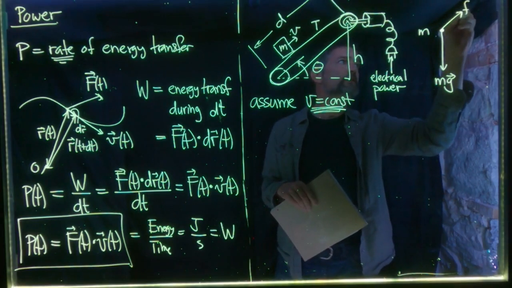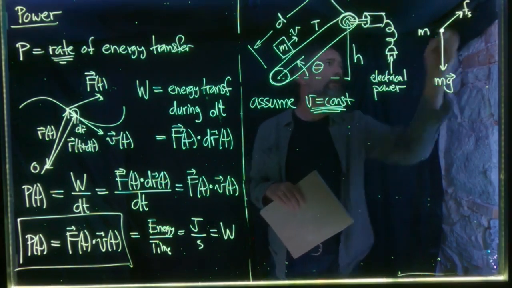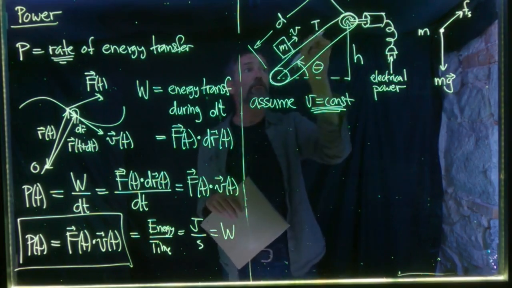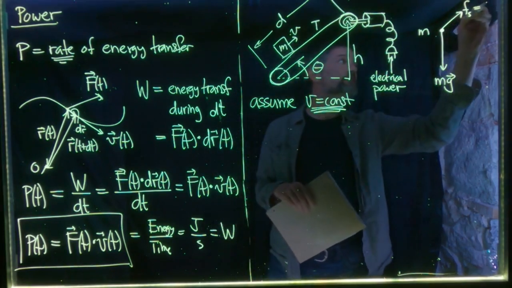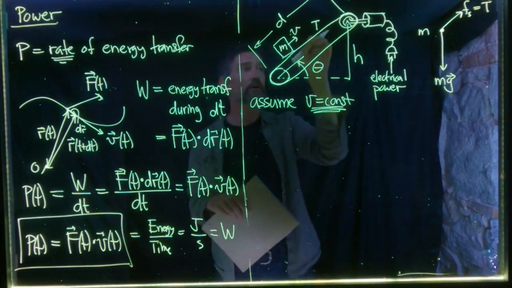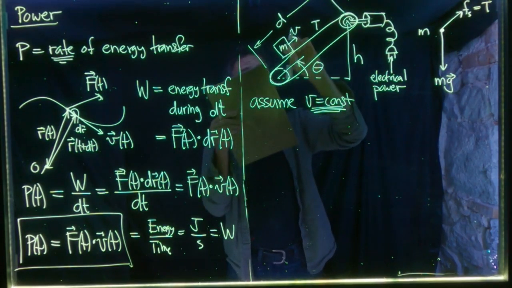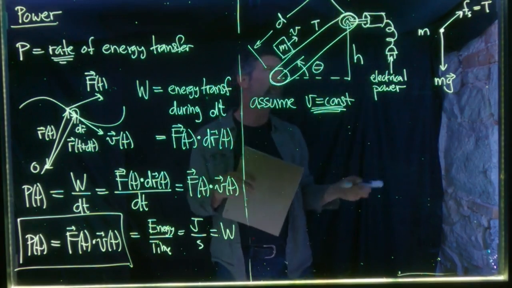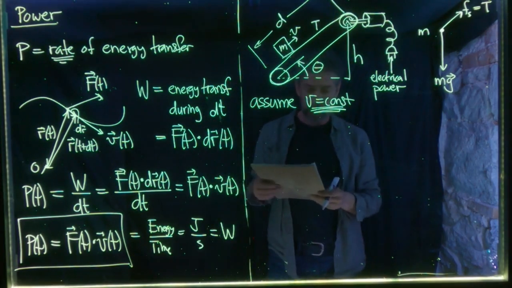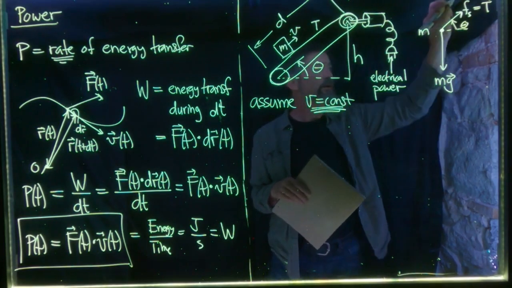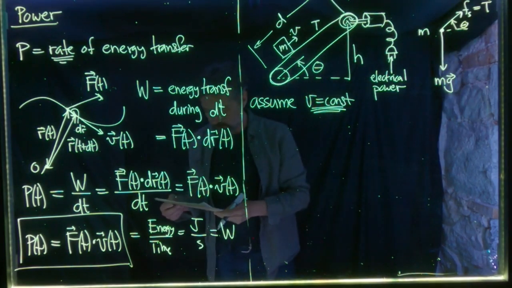It is of the same magnitude as the tension force in that belt. If this belt is under tension, it's like a rope under tension attached to the mass, and so it's pulling up. And the angle here is theta, because it's up the incline.